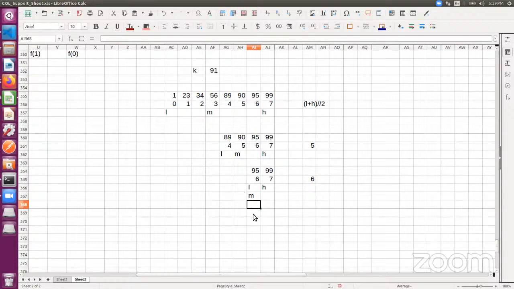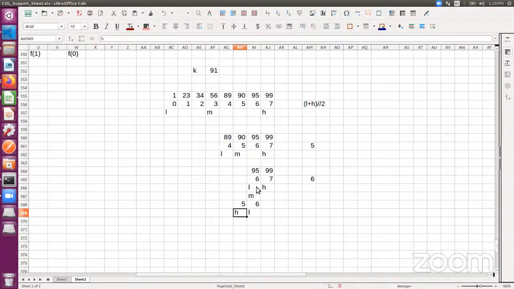In the next iteration, L would be 6 only, the same element, and H would point to the index which is less than L. Got it? So you can see an overlap. Actually H should be to the right hand side of L. That's why it is called low and high.